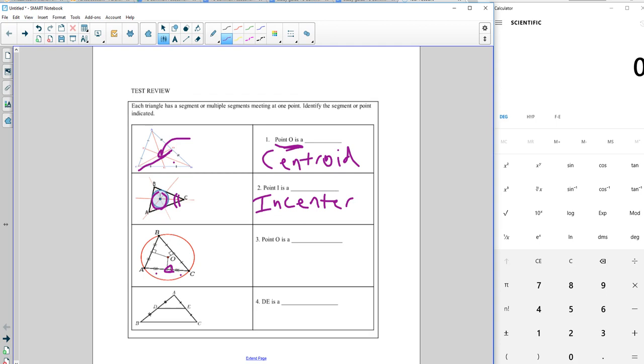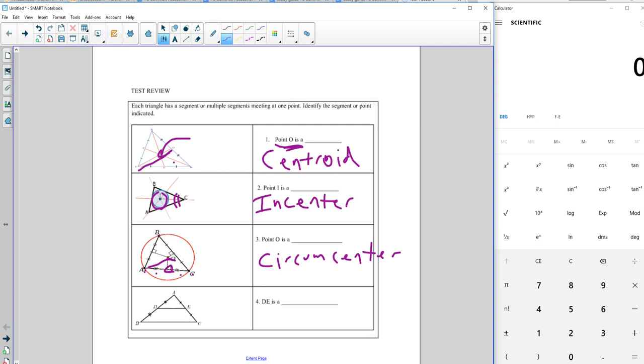A circumcenter gives us that the distance from each corner to that point is the same. So A to O is the same distance as C to O, and the same distance from B to O, because it's a circumcenter.